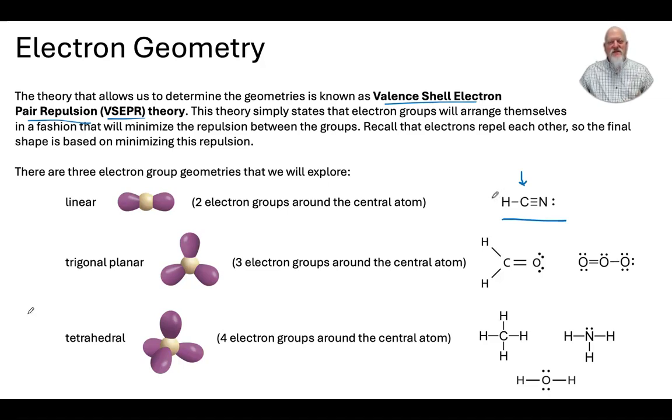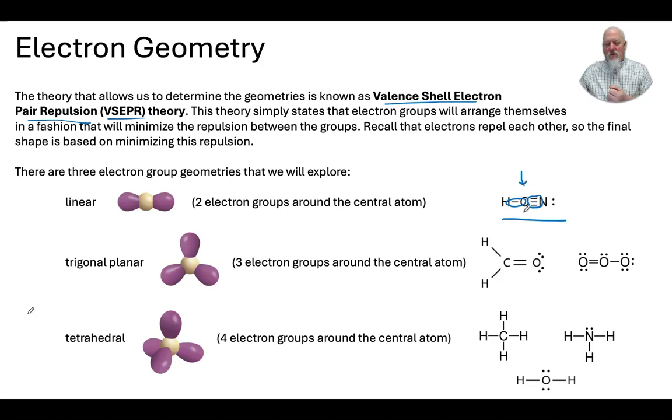The first thing I have to do is count the total number of electron groups on the carbon. There's one bonding group, the single bond between the carbon and the hydrogen, and one bonding group between the carbon and the nitrogen, which is the triple bond. So there are two total groups.